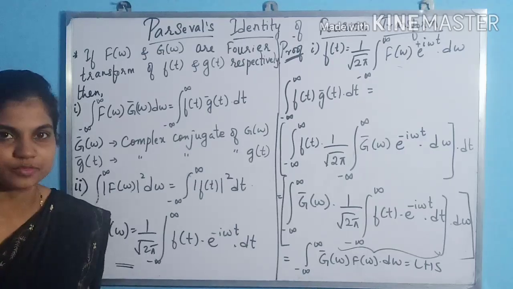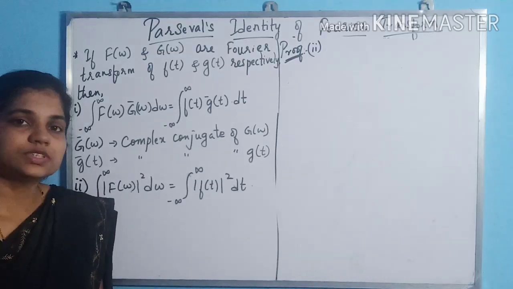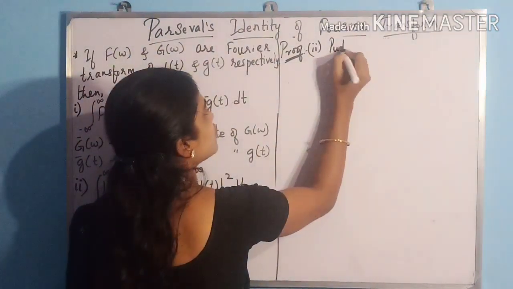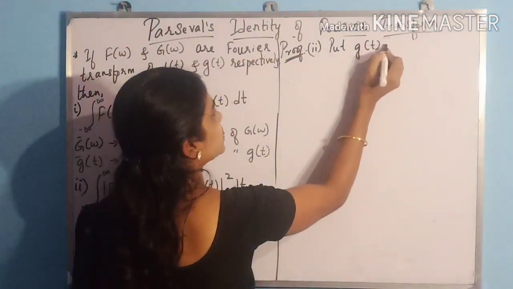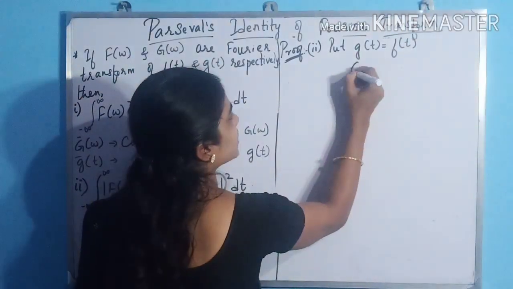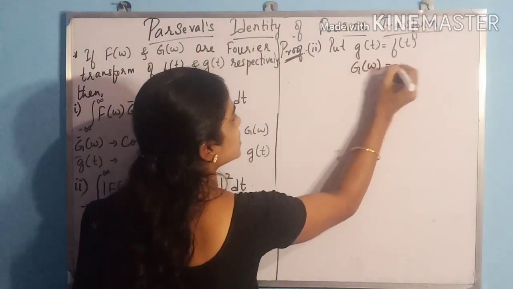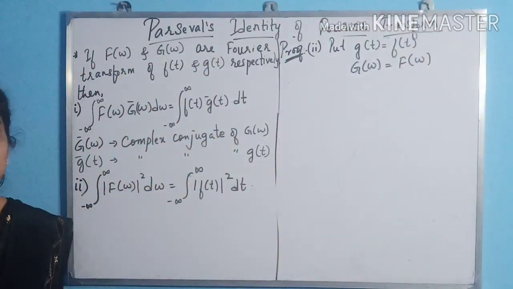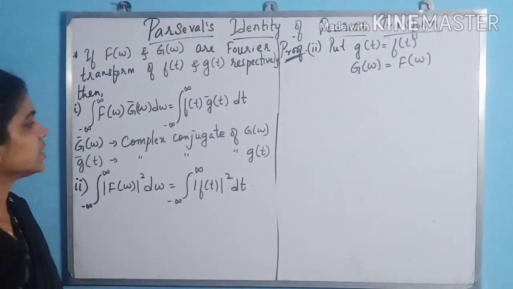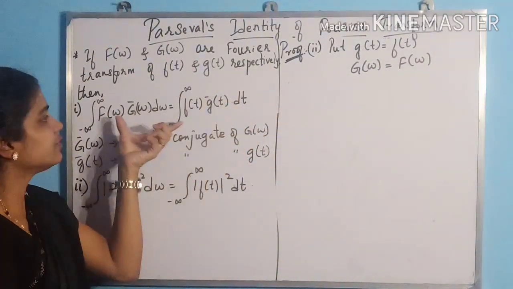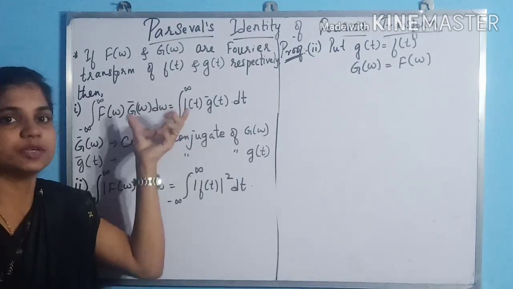To prove the second identity, I put g of t equal to f of t. So when I put like this, I am going to get G of omega is also equal to F of omega, or g bar of t is also equal to f bar of t. Now I am going to substitute this in the first identity, because we have already proved it.